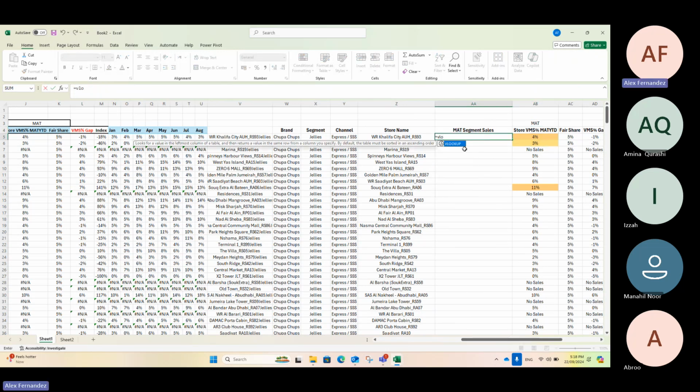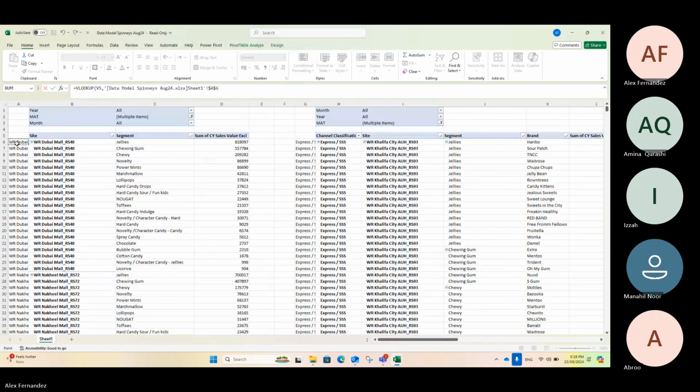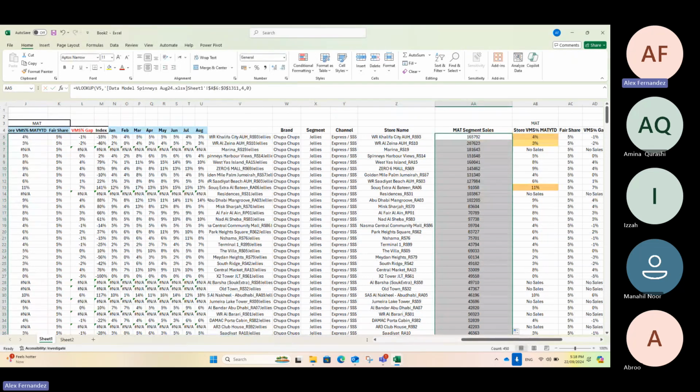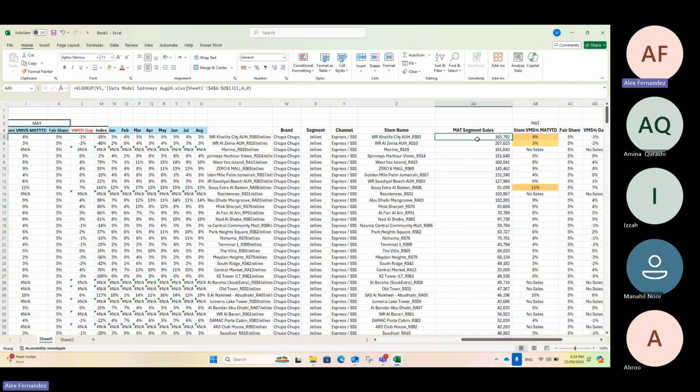Equal VLOOKUP. This one. So what we understand is the category size of jellies on MAT level in 12 months is 165%.